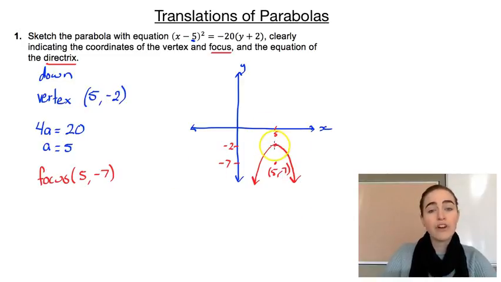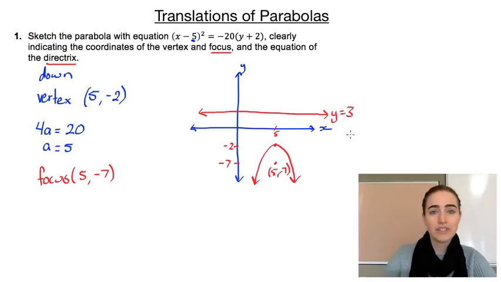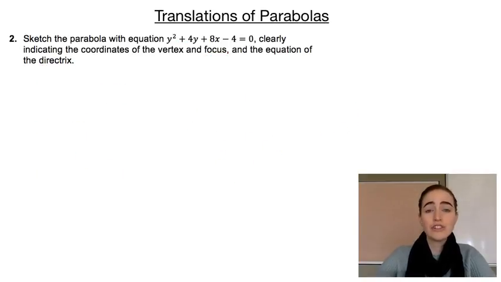And the directrix will be 5 units above there. So our directrix is going to go along here somewhere. Now it was at minus 2, we're going to add 5, so we'll end up with y equals 3 as our directrix.